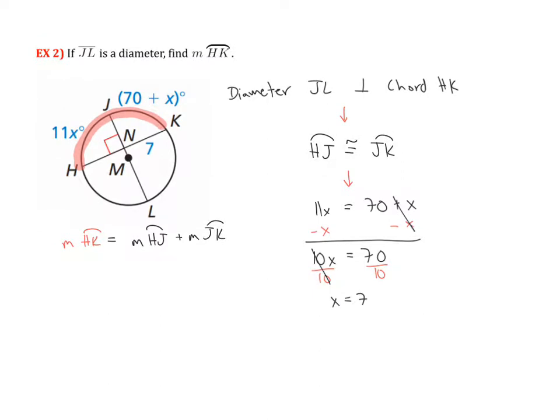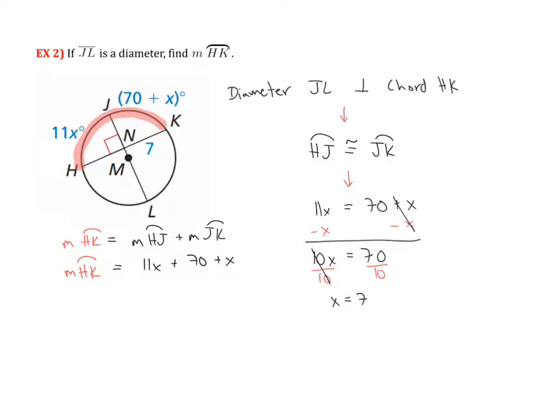And then from here, we're going to do the same thing and substitute once more. So the measure of arc HK is going to be equal to HJ, again, that was 11x, and the measure of arc JK was 70 plus x.